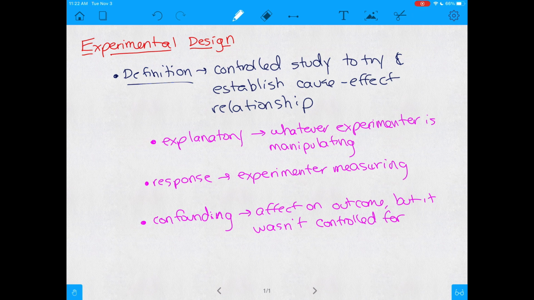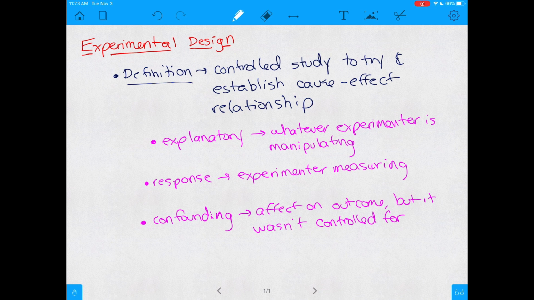So, for example, using the caffeine and heart rate study, maybe you have a particular individual in your study who is an Olympic level swimmer. So by default, their resting heart rate will be significantly lower than your average person.